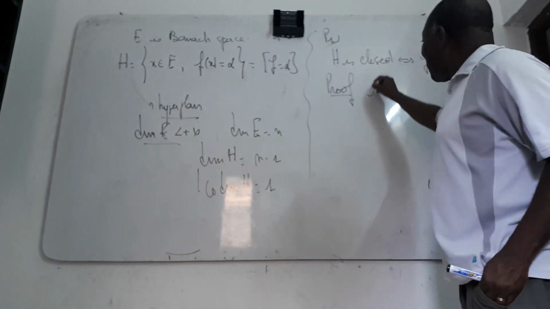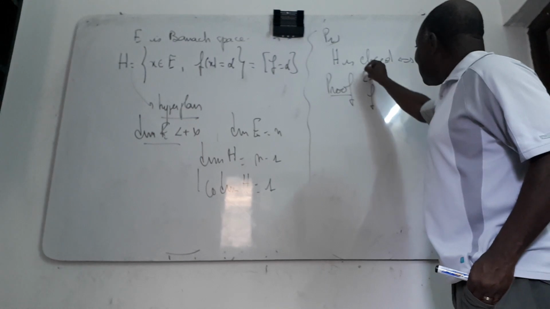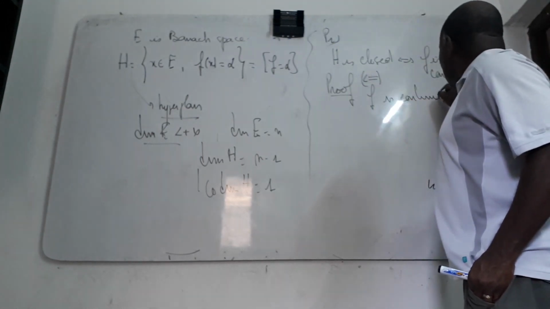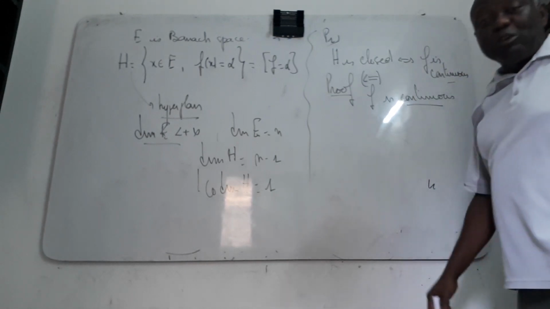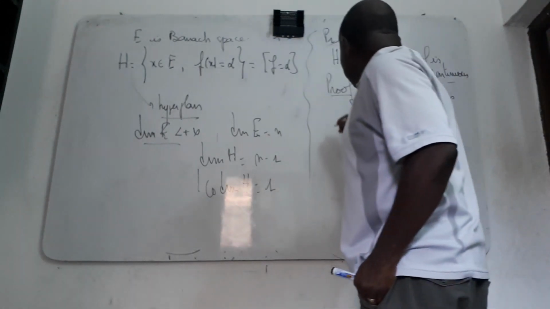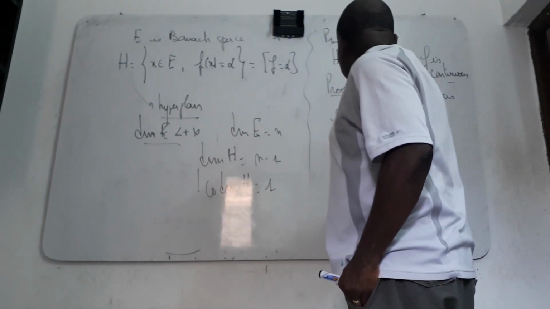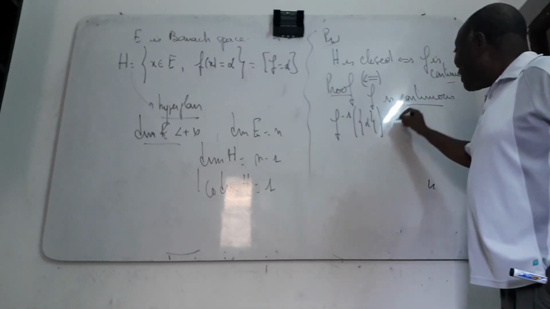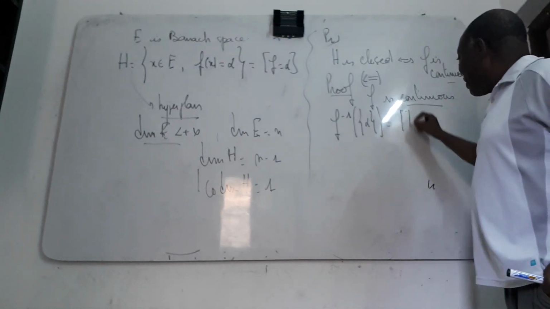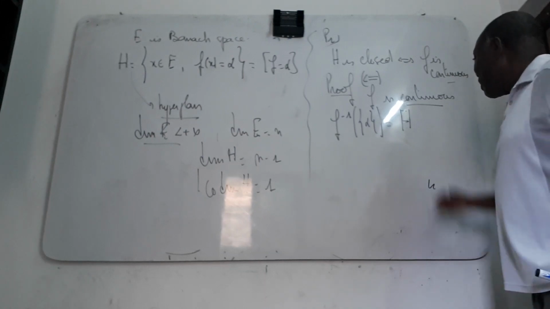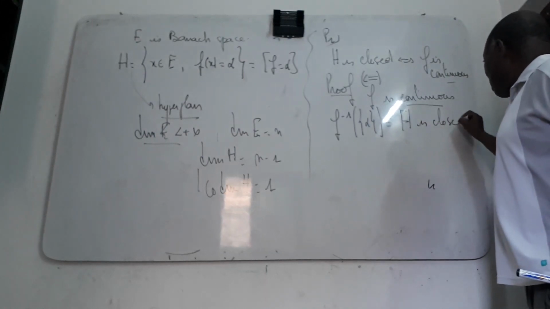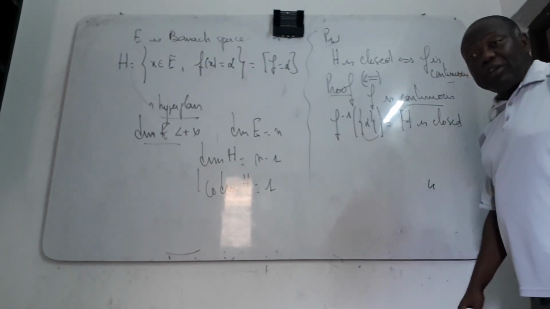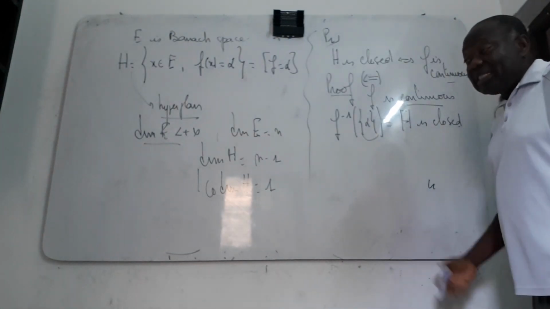We suppose that f is continuous. Then the inverse image of this singleton, which is exactly equal to H, your hyperplane, is closed, because a singleton in a Hausdorff topological space is necessarily closed.